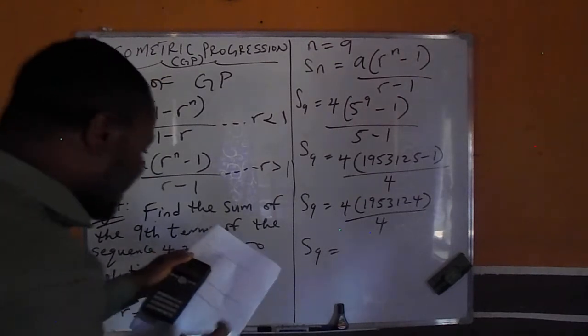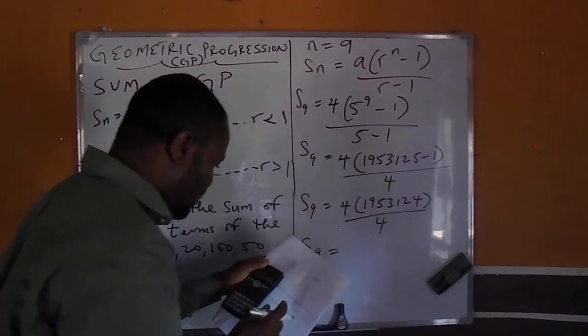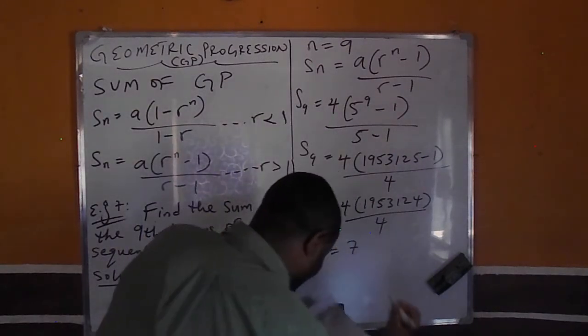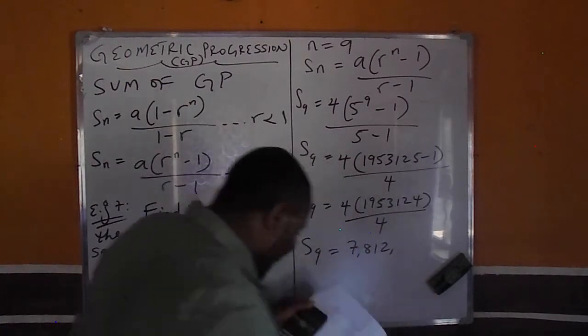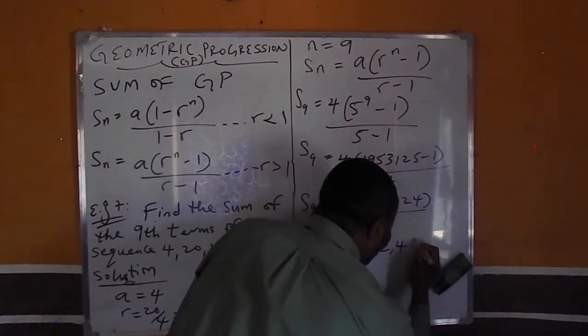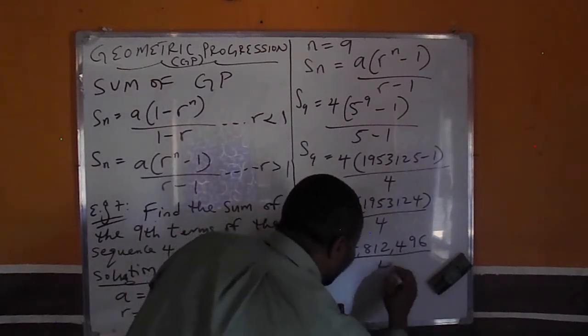Now this multiplied by 4 equals 7,812,496. Now we divide by 4.